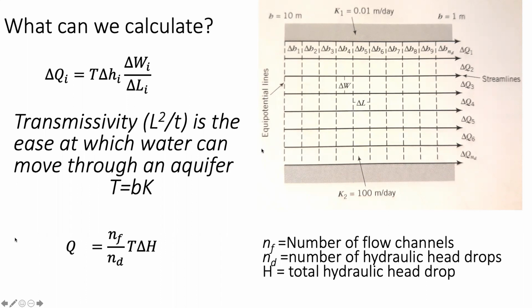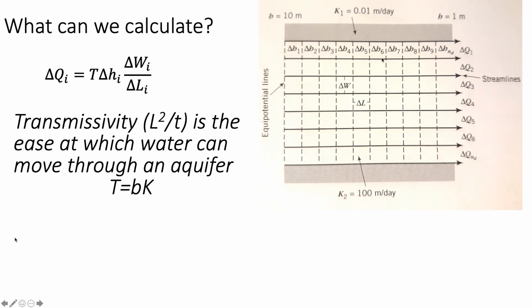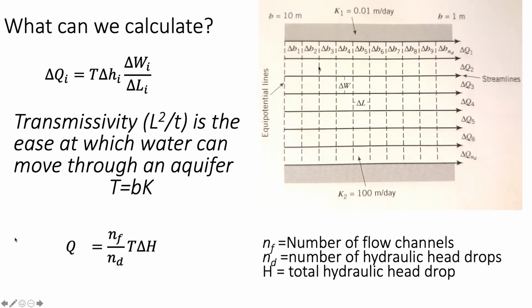So we would have 7 flow channels. And the number of head drops we would have are essentially 10. So we see 10 equipotential lines drawn on here. And then we would look at the total change in head. We'd look at the head from the upstream condition, our boundary condition on the right-hand side, and our boundary condition on the left-hand side. So the difference would be 9. And then you'd multiply that by the transmissivity.